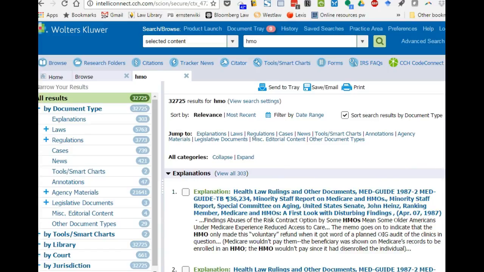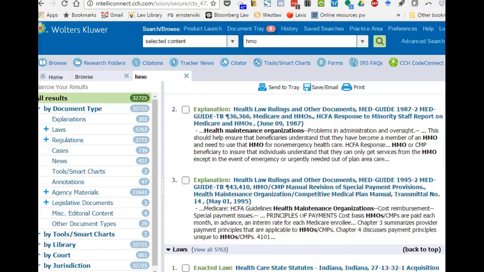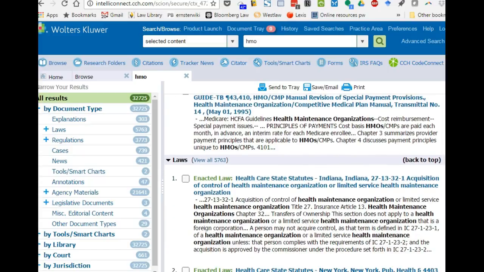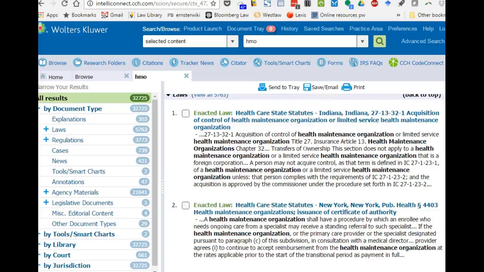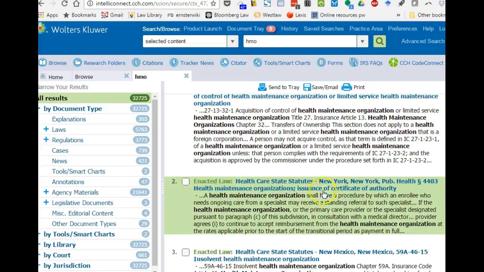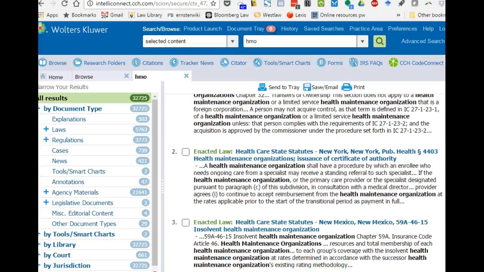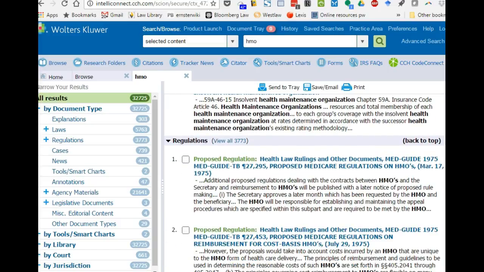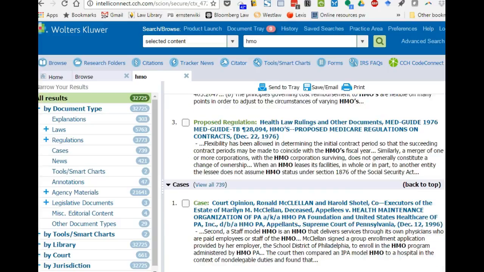I mean, health and HMO is pretty broad, right? You see the law. So that was one thing about loose leaves. It brings everything together. So you don't have to go find the actual text of the laws, although you have to narrow down. So here's New York, 4403, actually in the area we were looking at, and regulations.